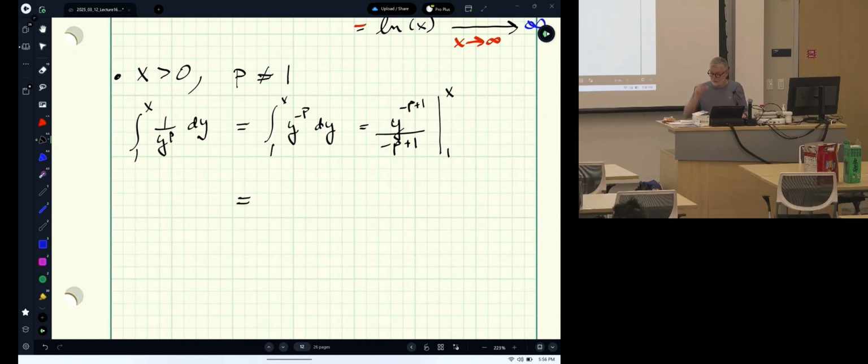I'll give myself a little room here. So I plug in the first one, so I get x, and I'm still going to write it as minus p plus 1. We'll write it as 1 minus p, and then minus, we plug in 1, doesn't matter the power.